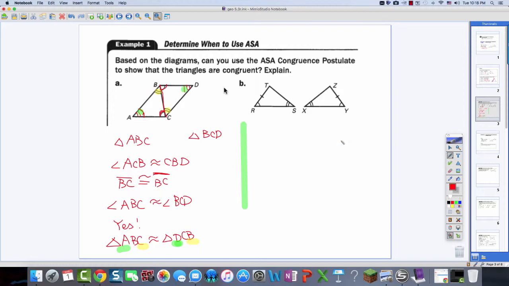The second one, let's see. I have these two triangles.